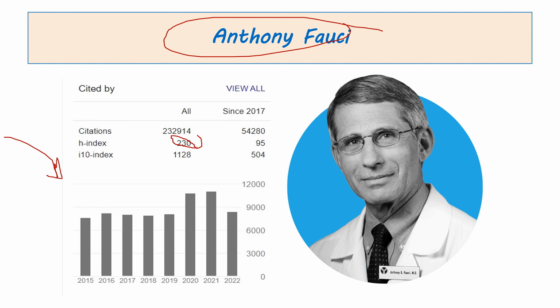Okay, if you are Anthony Fauci, you can expect to receive an invitation from credible journals to publish. Otherwise, if you are a beginner researcher and you receive an email from any journal saying that please publish your article with us, be confident that this journal is 100% predatory or pseudo journal. Okay?